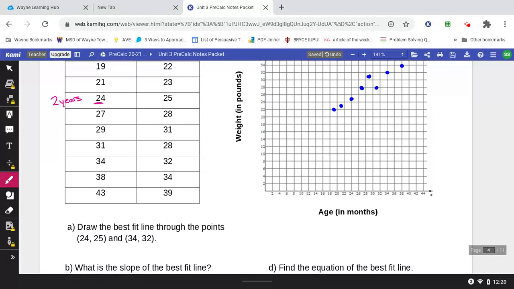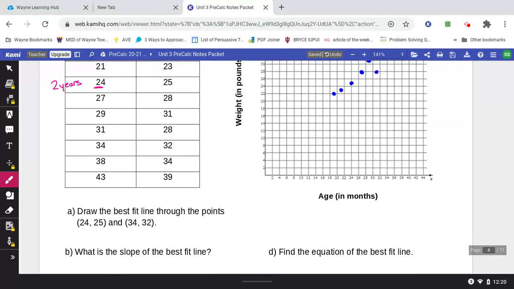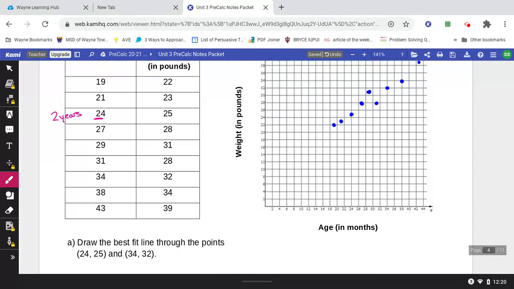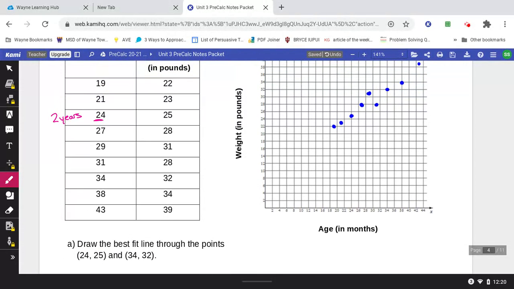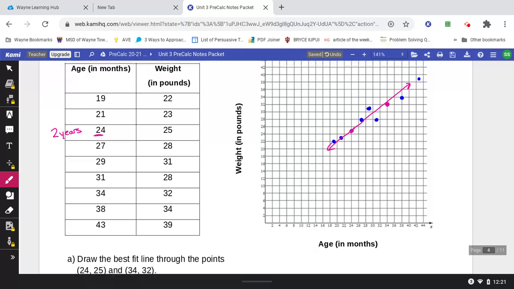All right, part A, draw the best fit line through the points 24, 25 and 34, 32. You can see the scale across the bottom, 24, 25 would be that point right here. And 34, 32 would be that one right here. You're just going to draw that line through them as best you can. And again, you can see that some of the dots are below that line and some are above.